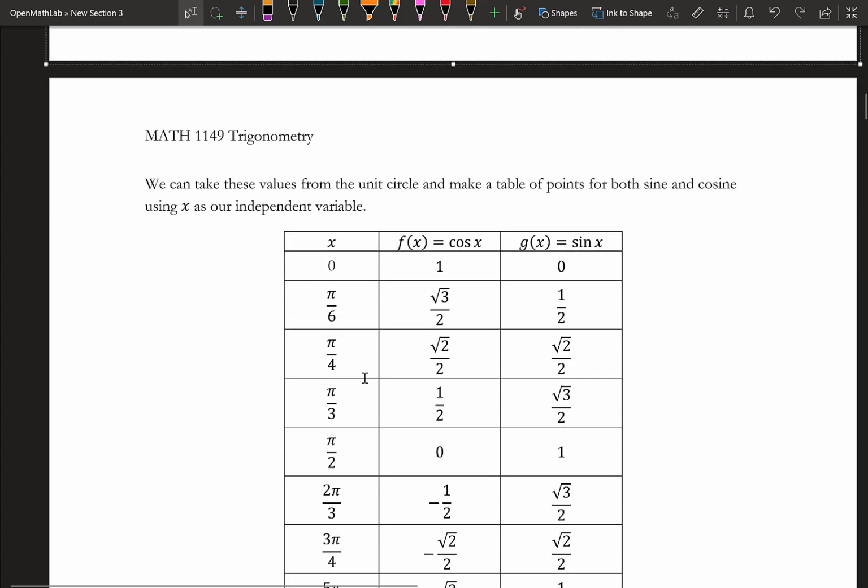Now, to see what the graph of cosine and sine would look like, you can see we're letting x be the independent variable. So what I did is, these are our angle measurements from the unit circle. Here would be the x coordinate for cosine, and here would be the y coordinate for sine.